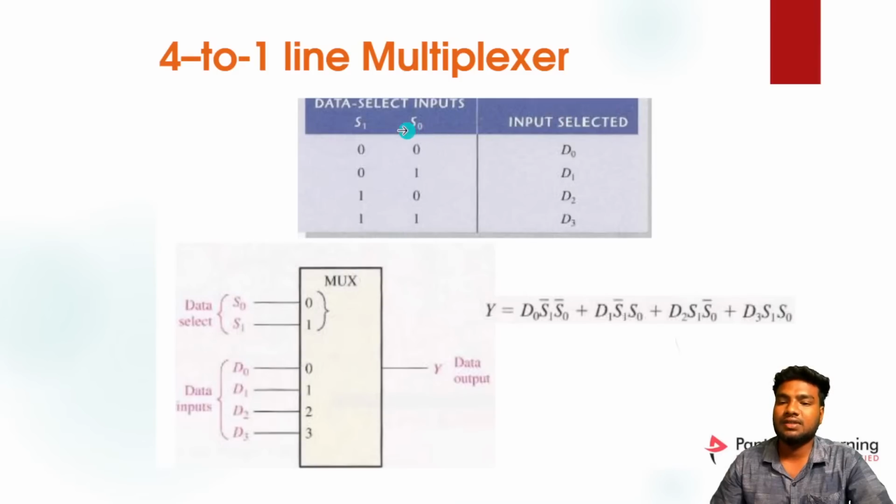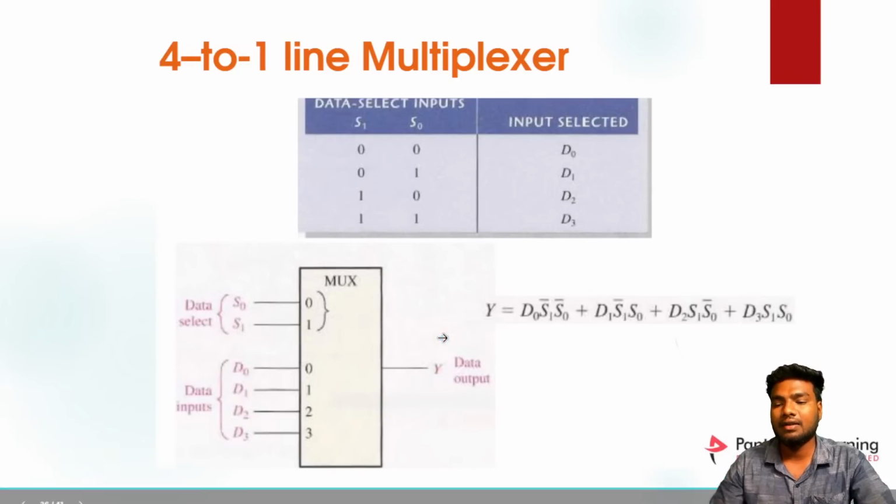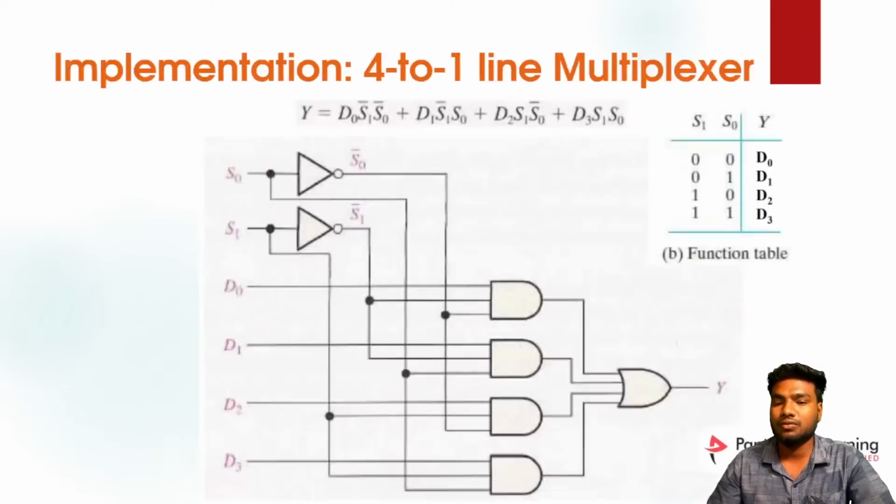If the selection line is 0 0, it will choose the first line. 0 1, it will choose the second line. 1 0 means it will select the third line. 1 1 means it will select the fourth line. So this is the behavior of this circuit. By using this behavior we can write the RTL code. This is the main advantage of the behavioral model style of writing RTL code, Verilog code.